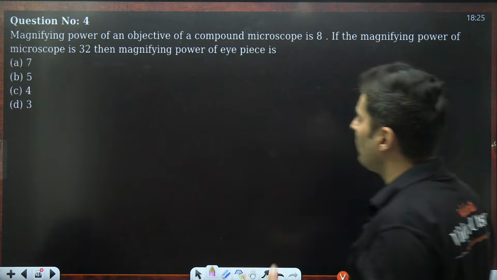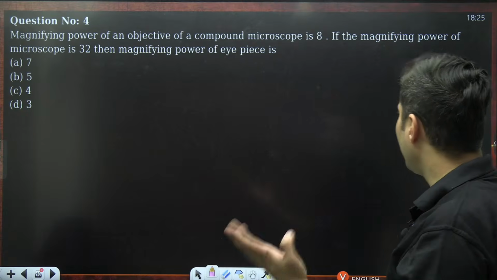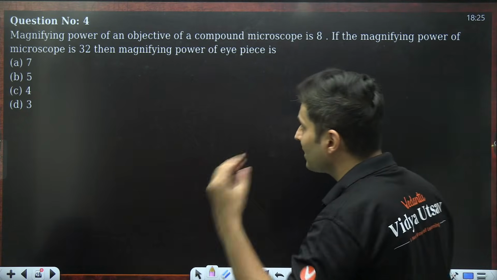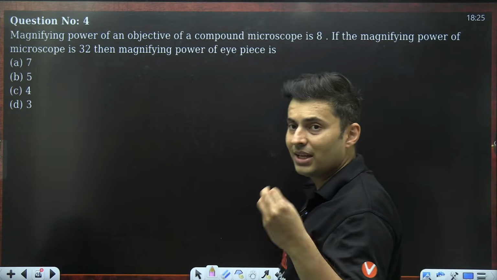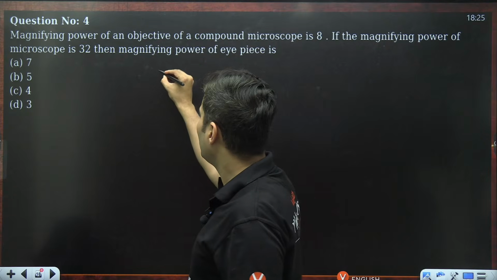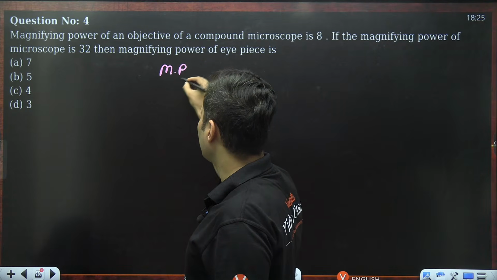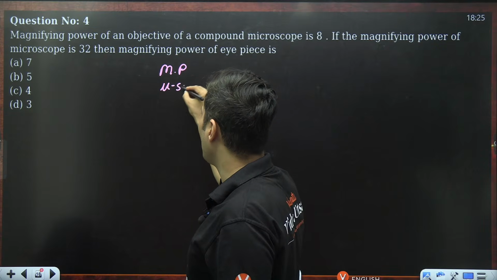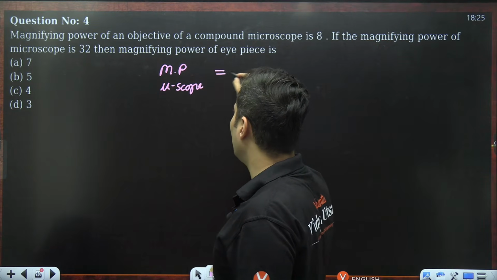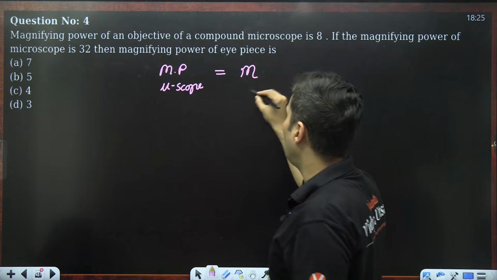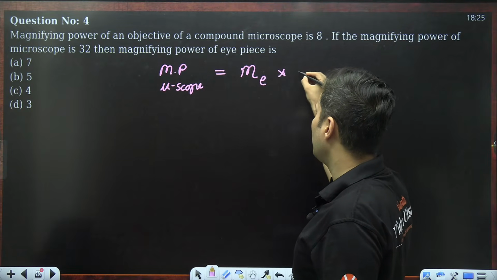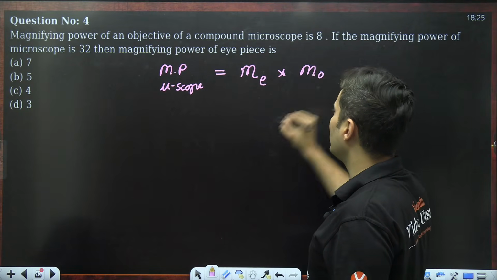The magnifying power of an objective is 8. The magnifying power of the microscope is 32. The magnifying power of the eyepiece is how much? The total magnifying power of the microscope is the product of the magnifying power of the eyepiece and that of the objective.